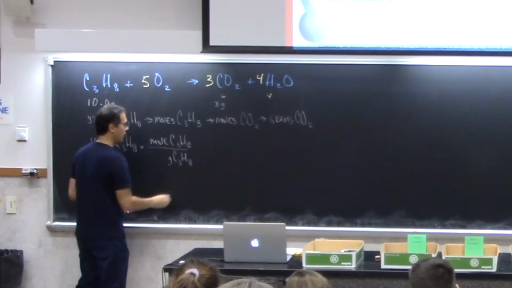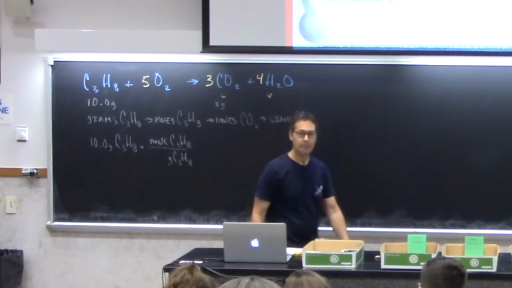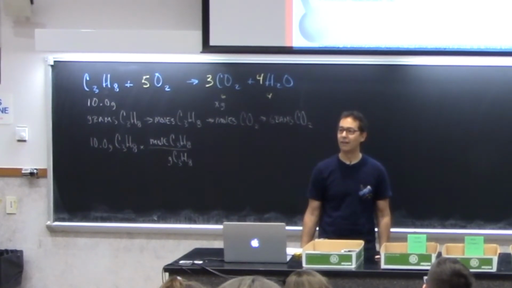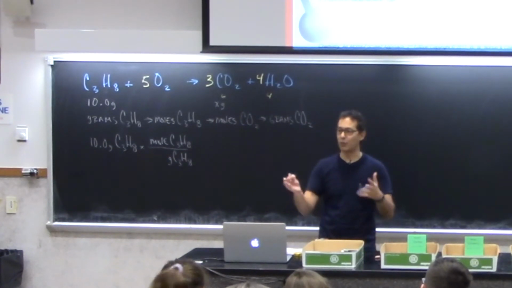Now I don't know how many grams there are in a mole of propane, but I could figure this out. How would I do that? Don't say Google. Molar mass, yep, molar mass. How do I find the molar mass?